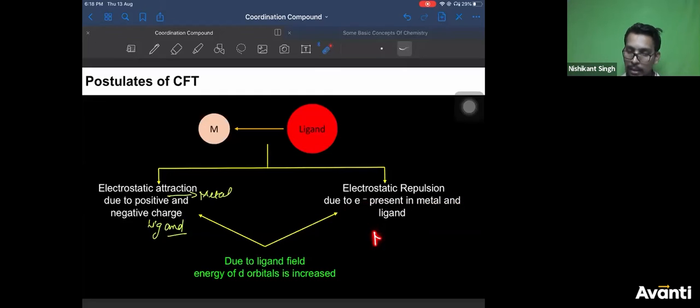So when metal electrons and ligand electrons come close to each other, they will repel each other. These two forces will overall define the stability of the bond. If attraction is stronger than repulsion, then your bond is stable. If repulsions are more than attraction, then your bond is not stable. Okay? So considering these two forces, we define our ionic bond.